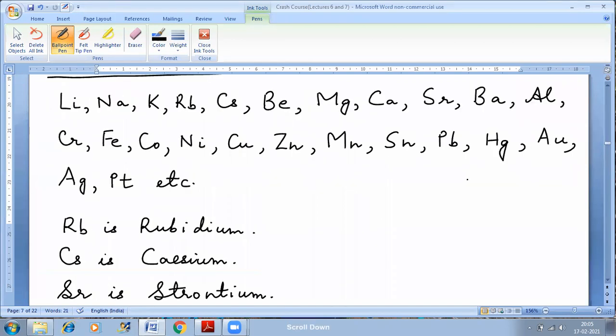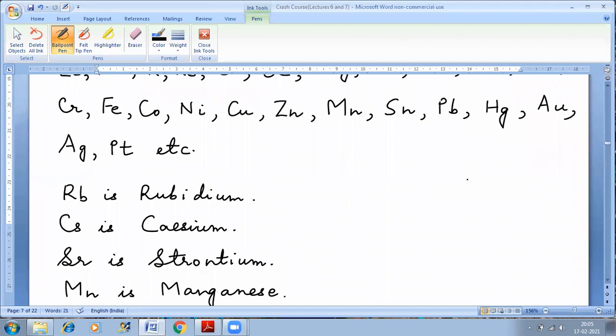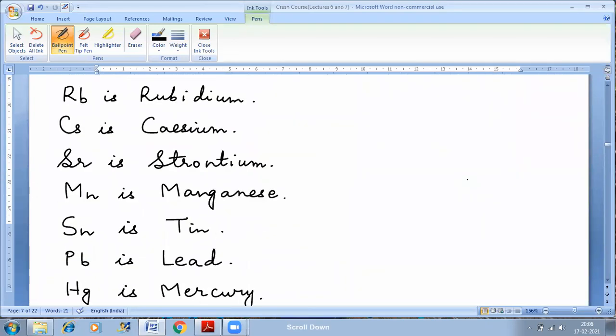So you can have a look at the names. Look at the names. Spellings have to be clear. Don't make mistakes in the spellings.